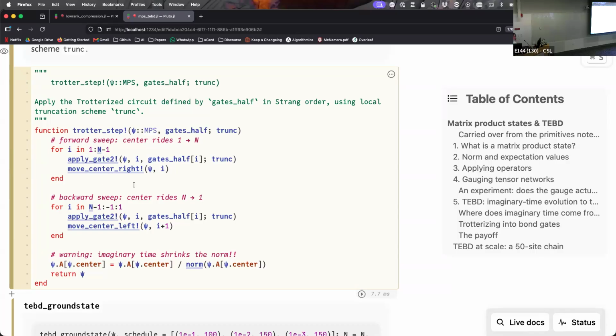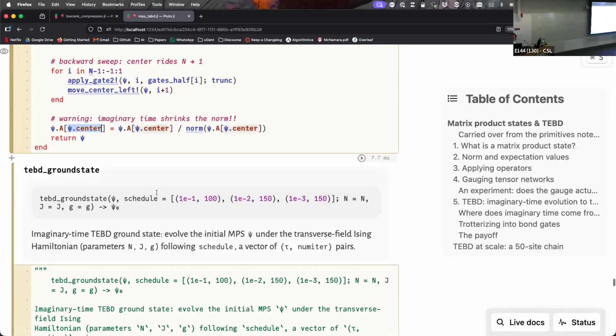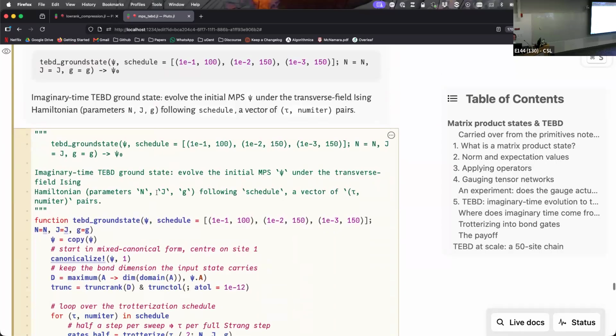We want to end up with the center on site i+1, right? And so we just apply a gate, truncate, move the center, apply a gate, truncate, move the center. And we go from left to right and then from right to left. At the end, because our center is what carries the norm, we can normalize that tensor. And this is the entirety of a Trotterization scheme, which you can use to compute a ground state.